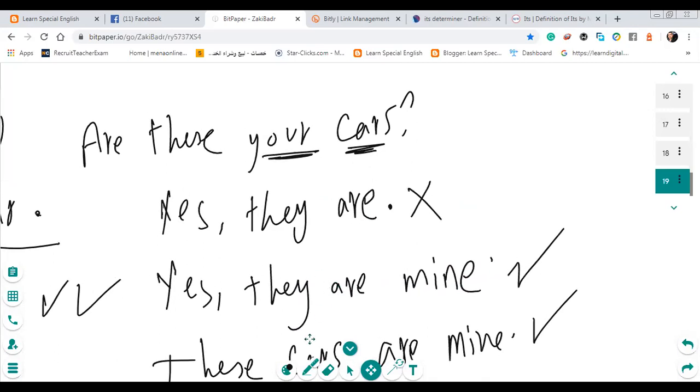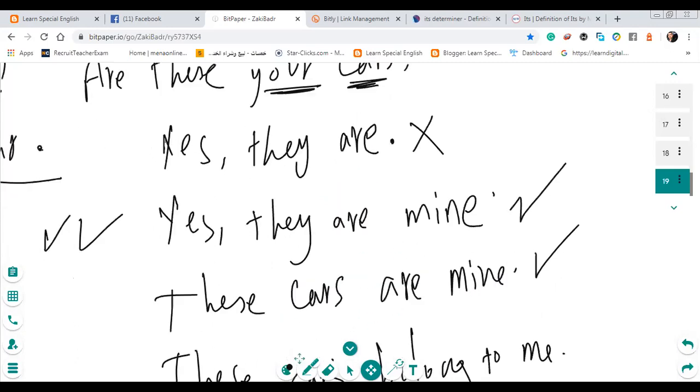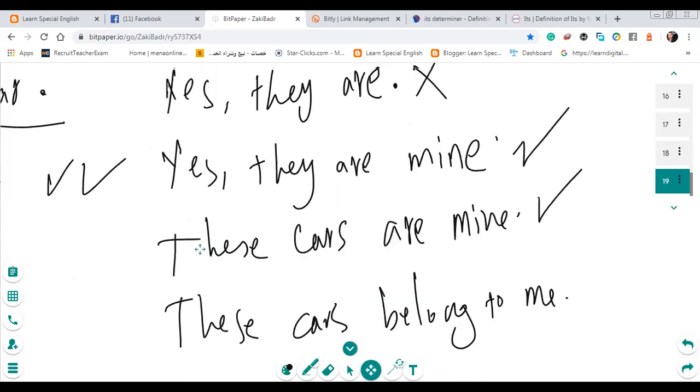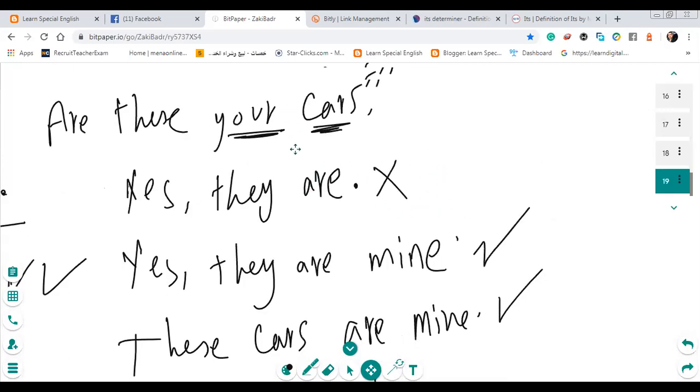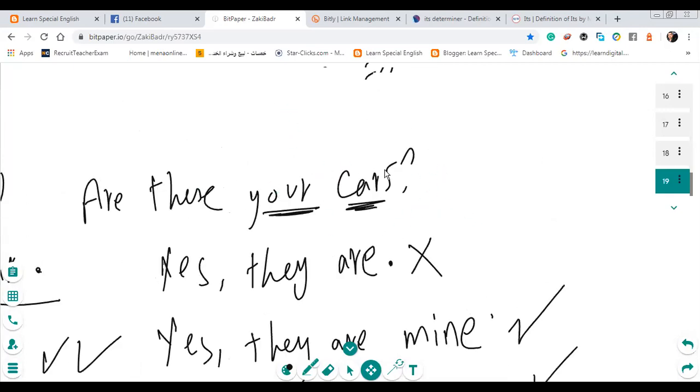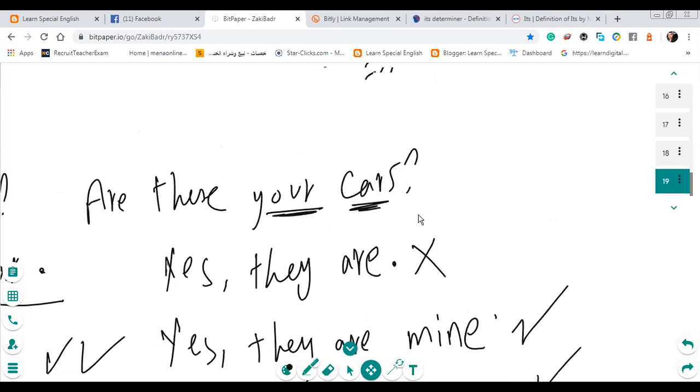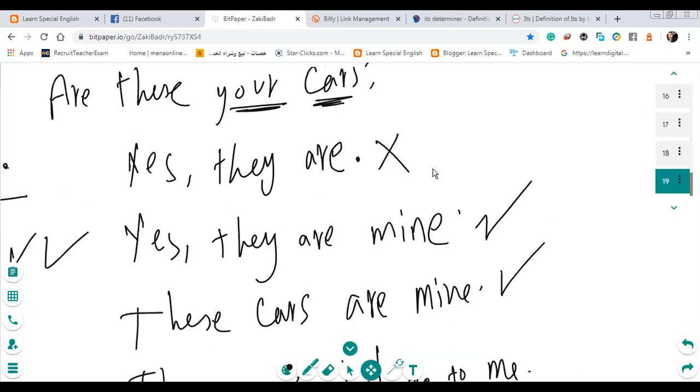They here refers to what? To the cars. These means you are pointing at the cars with your hands. And these cars are mine. So your cars is the determiner, and mine here is a possessive pronoun.